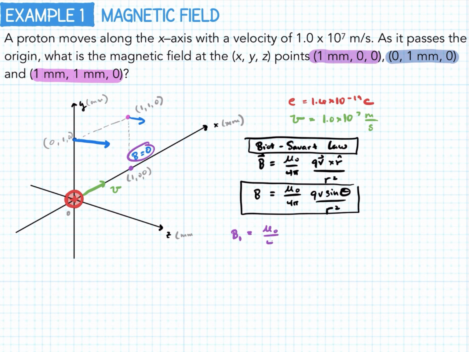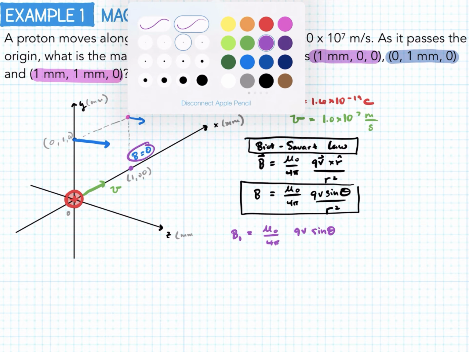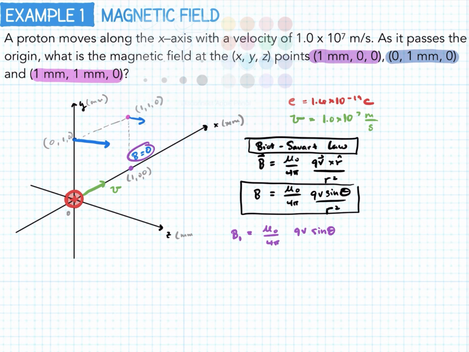We have mu naught over 4 pi QV sine theta. Well, this R hat, let's use this color. This is our R. So you know that when you're talking about R and V, the angle between these two things is equal to 0.